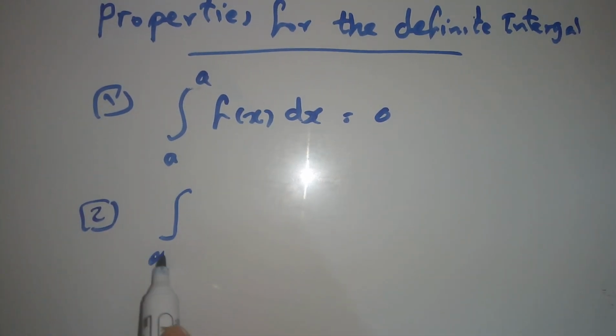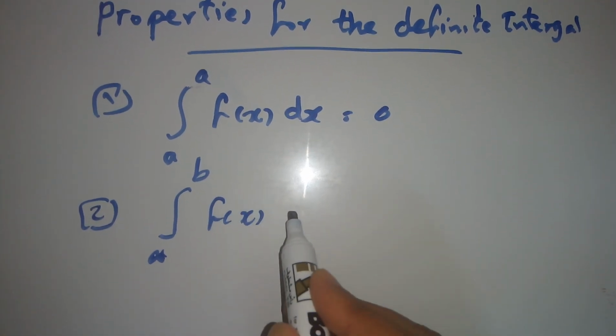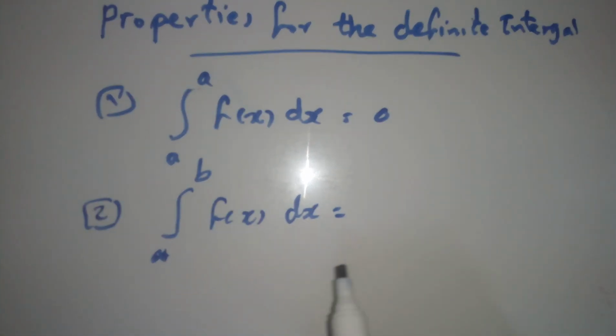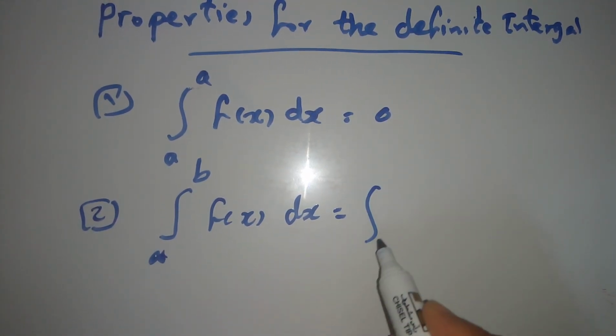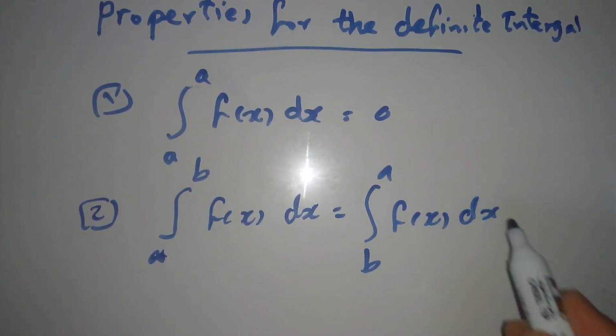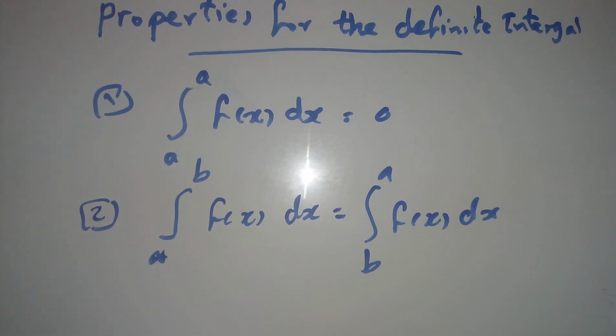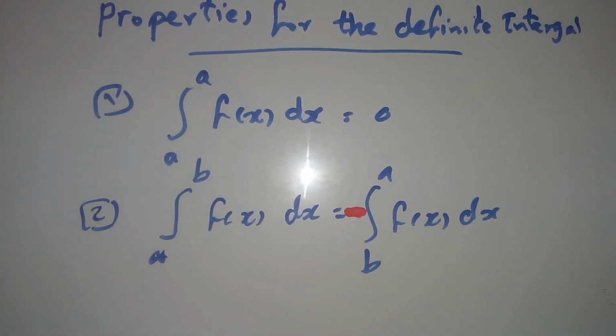Number 2, if you have the integral from a to b of f of x with respect to x, and you exchange a with b, it will be the integral from b to a of f of x with respect to x, and you only change the sign. It will be negative the integral from b to a.